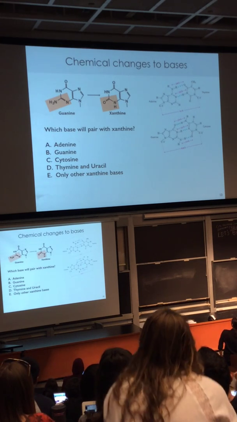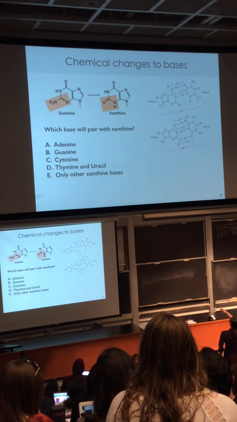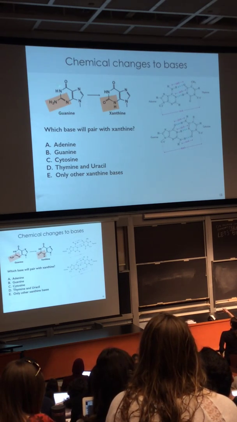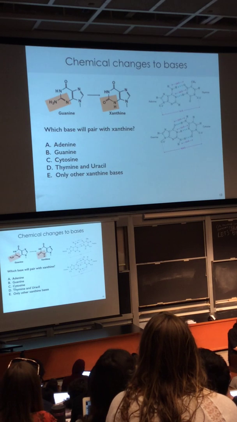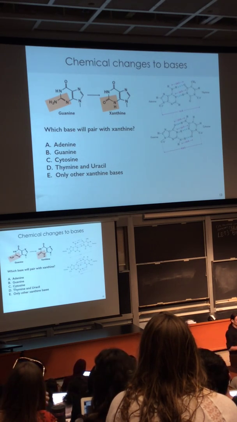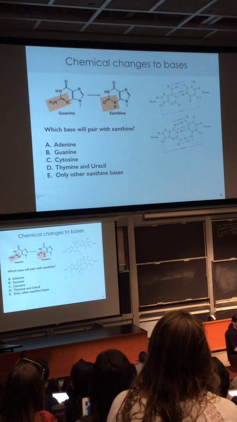The question is, which bases can pair with xanthine after guanine has been deaminated into xanthine? I'm told that last time you could not see the timer on this, so I'm going to start the timer now, and I'll give you about 90 seconds to talk amongst yourselves about which base pairing you expect for xanthine.